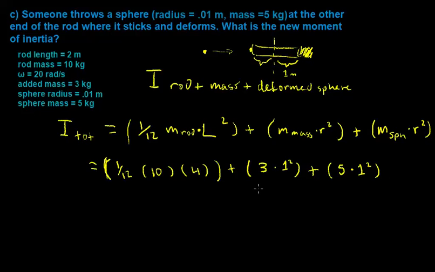So we can multiply this out and then add these numbers together. 3 times 1 is just 3, 5 times 1 is just 5, etc. We can calculate this out real quick, and what we end up with is 11.33, and then the unit for moment of inertia is kilograms times meters squared, because for all of these we have a mass times a unit of length squared.